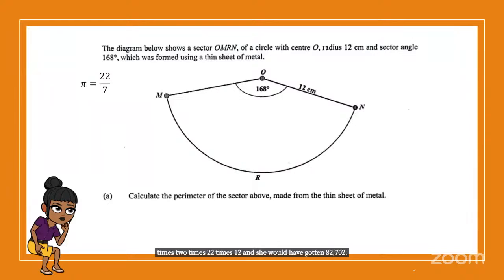82,702. No, miss, 704. So 82,704. Miss, repeat what you multiplied. 168 times 2 times 22 times 12.